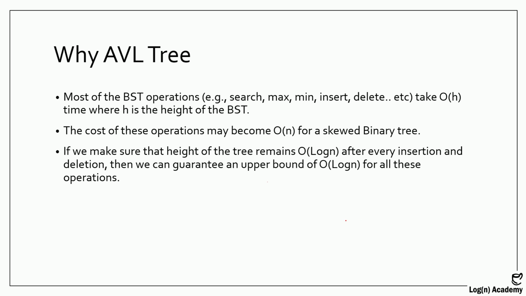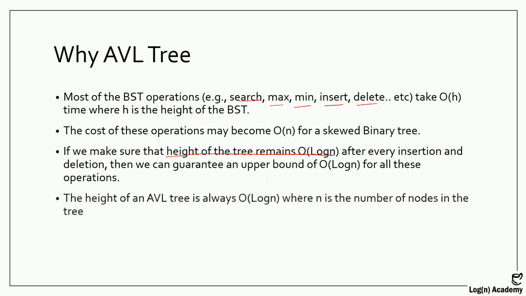So this point is explaining that if we make sure the height of the tree remains log of n, then all the operations we discussed, like search, maximum, minimum, insert, will have an upper bound of log of n. The height of an AVL tree is always log of n, where n is the number of nodes in the tree.